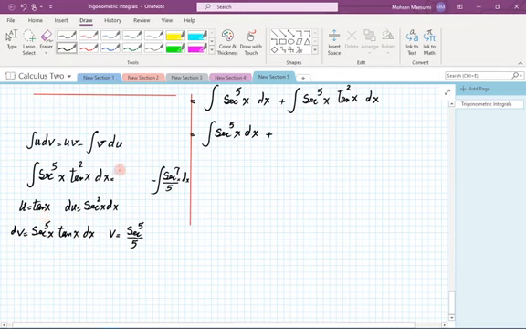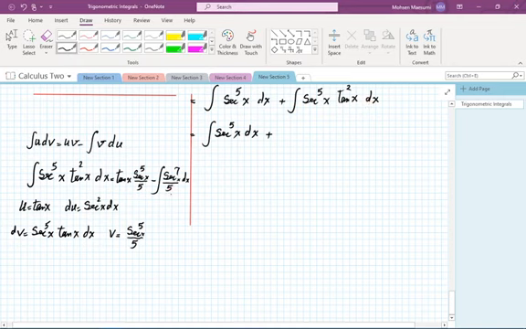So tangent of x times secant to the power of 5 of x over 5. Okay, what have we achieved? It looks like we went back where we were.